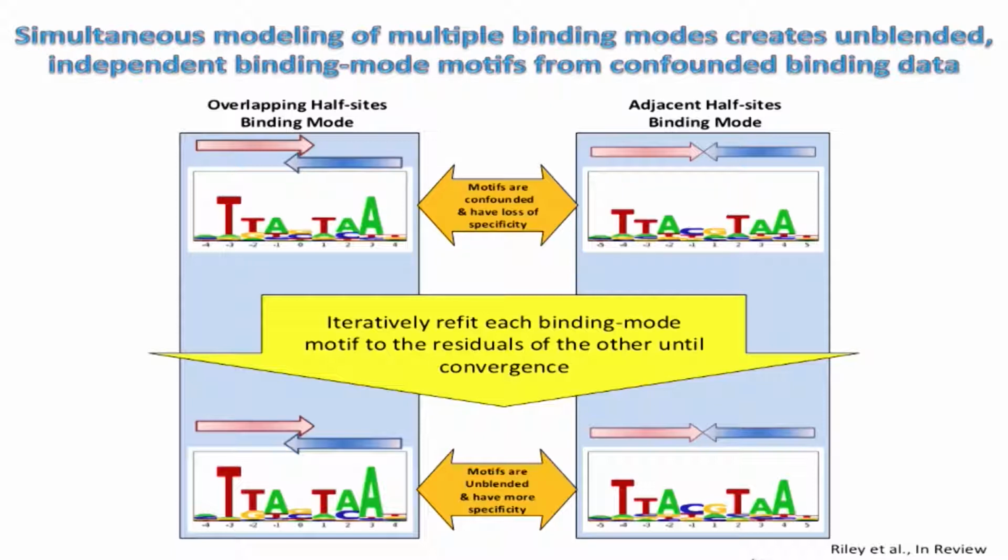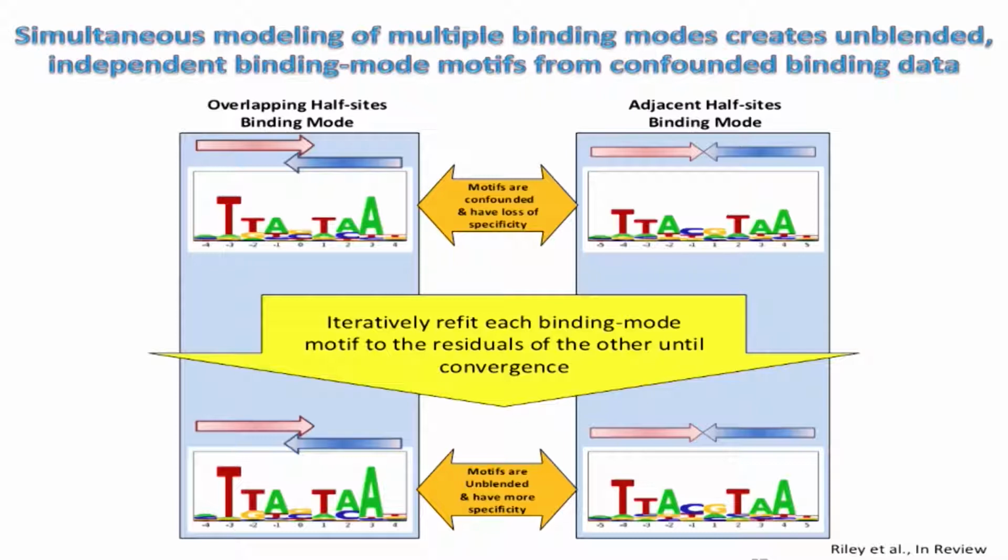YAP1 is a BZIP protein, and we can see that it prefers the adjacent half-site binding mode over the overlapping half-site binding mode. And the binding motifs are reverse complement symmetric, because it binds as a homodimer.